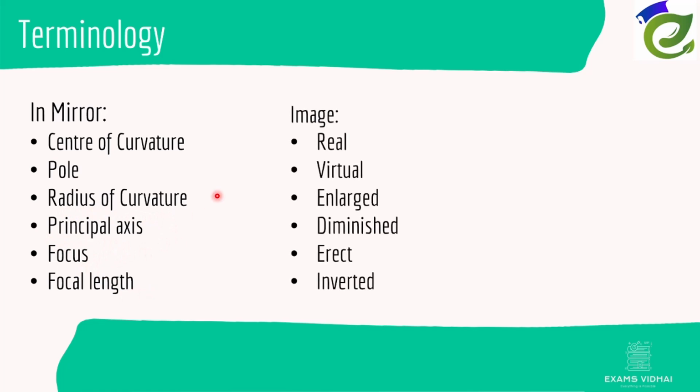For the image, we have real, virtual, enlarged, diminished, erect, inverted. Real and virtual are related together, enlarged and diminished are related, and erect and inverted are related. Now I'll show you a detailed hand-drawn explanation of the terminology.